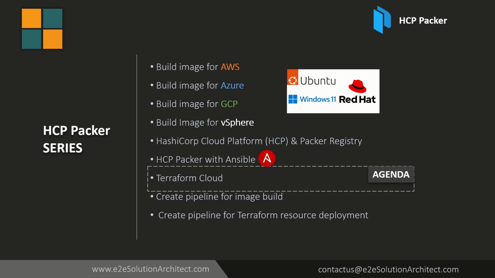Now in this session, I am talking about Terraform Cloud: how we can set up Terraform Cloud, connect to Terraform Cloud, integrate Terraform Cloud with the HCP Packer registry and run a pipeline in Terraform Cloud, so that the image can be picked up from the HCP Packer registry and provisioned in a particular target cloud platform, which in this session will be Azure. So now let's move to the demo part.